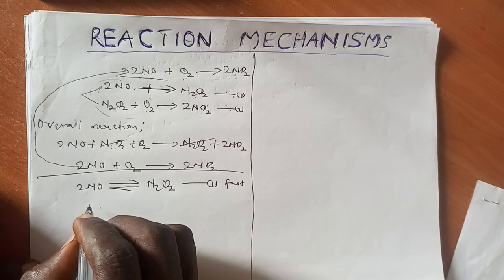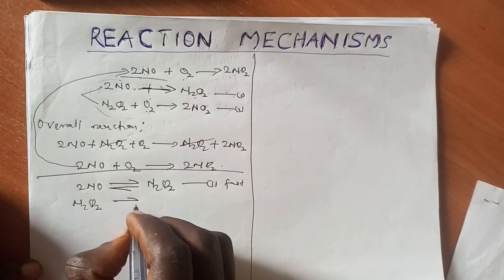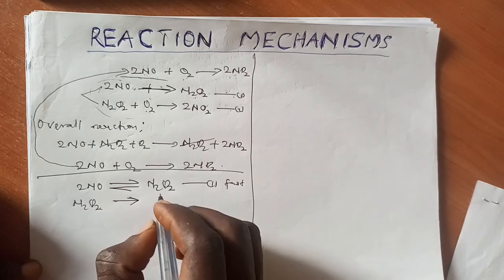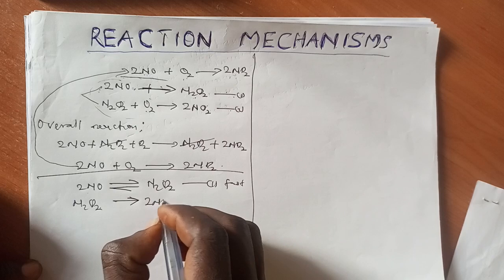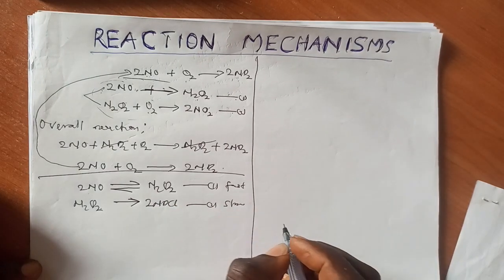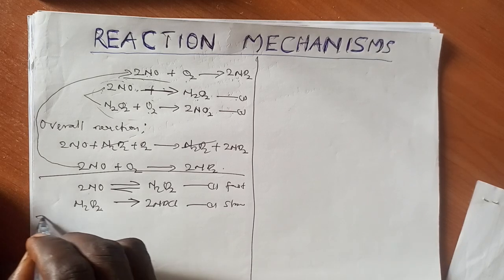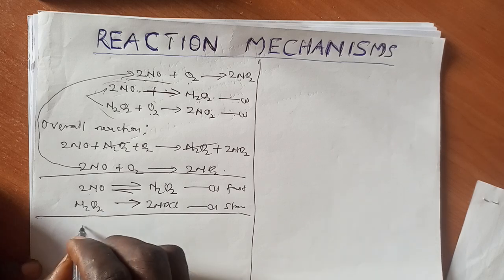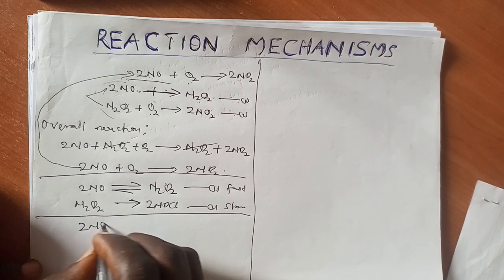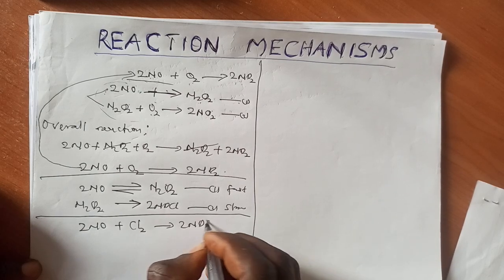The second one, N2O2, gives us 2NOCl, and we are told that step two is slow. Now the overall reaction is given to be 2NO plus Cl2 to give you 2NOCl.